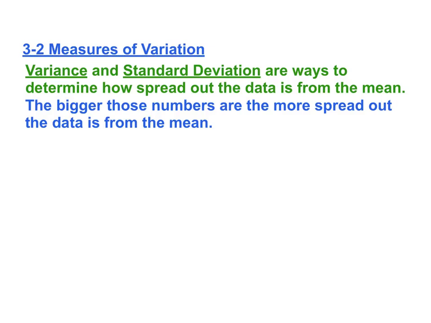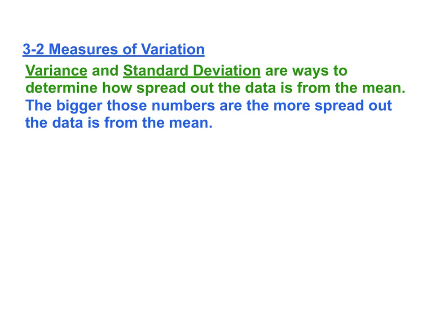So, here's what you need to know about the variance and standard deviation. The bigger those numbers are, the more spread out the data is from the mean. And these numbers are relative, okay, depending on the data. So the bigger the variance is, the bigger the standard deviation is, the more spread out the data is from the mean.